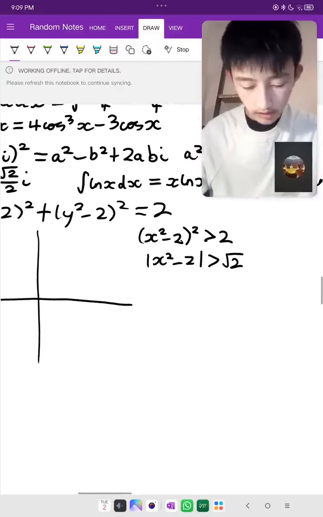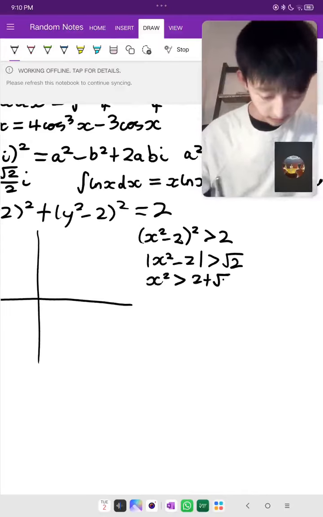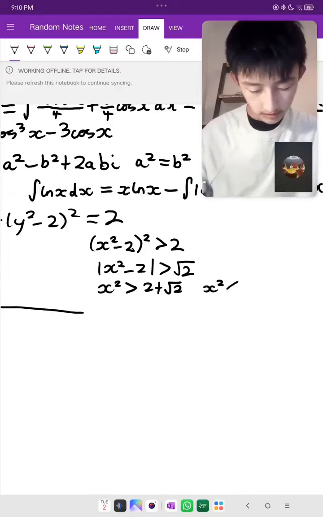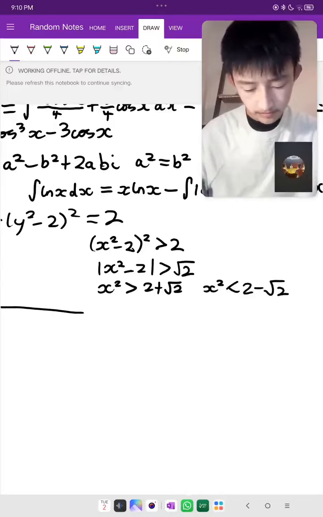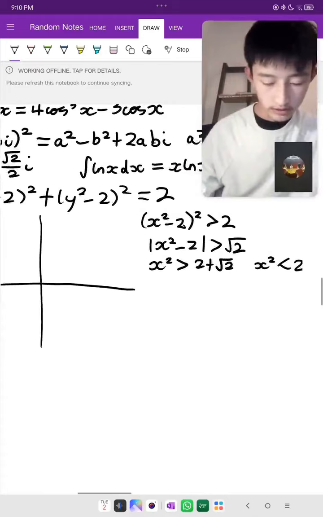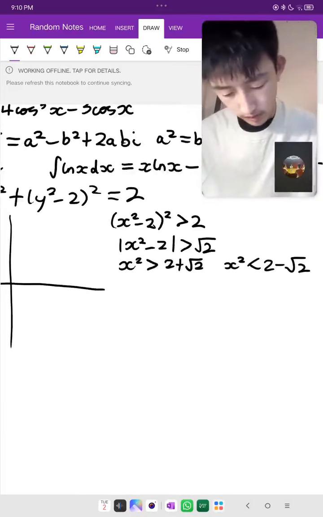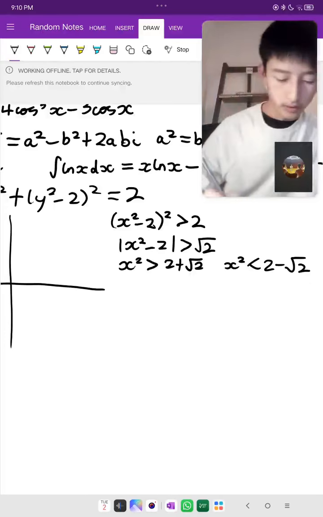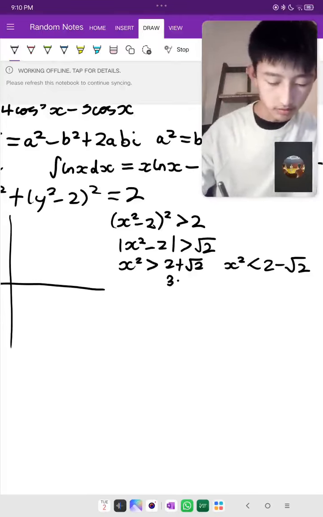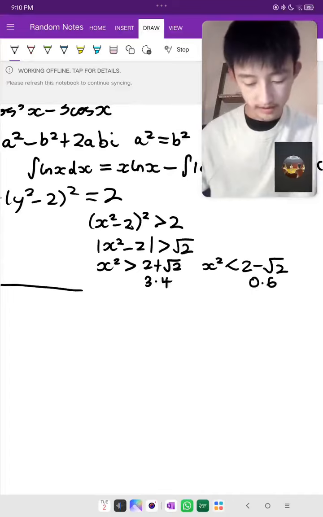So, either x squared is greater than 2 plus root 2, or x squared is less than 2 minus root 2, I believe. Yep. Okay. So this will be when x is 2 plus root 2. Well, root 2 is approximately 1.4. So this is about 3.4ish. And this is going to be about 0.6ish.